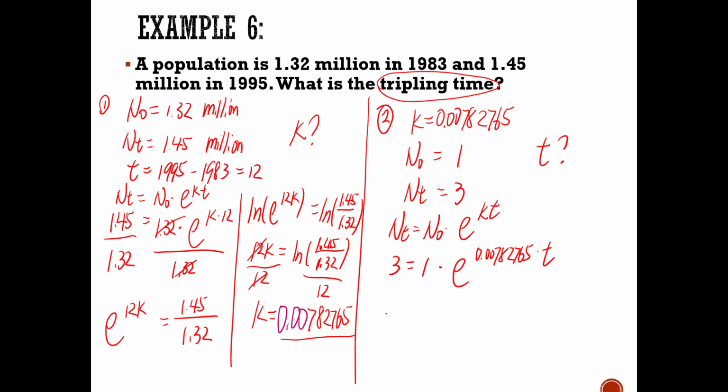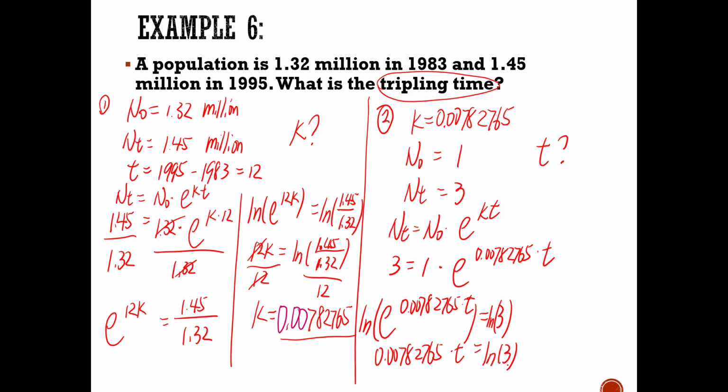Now reverse order: e to the 0.00782765 times t equals 3. And we're taking ln of both sides of the equation. Then we end up with 0.00782765 times t equals ln of 3. And divide both sides of the equation by the decimal number.